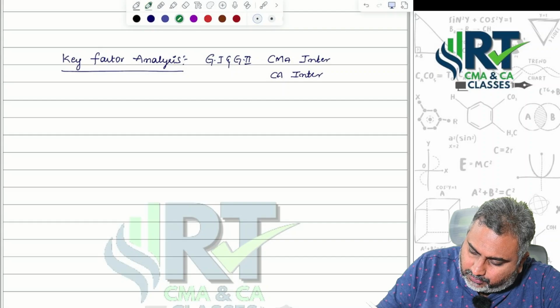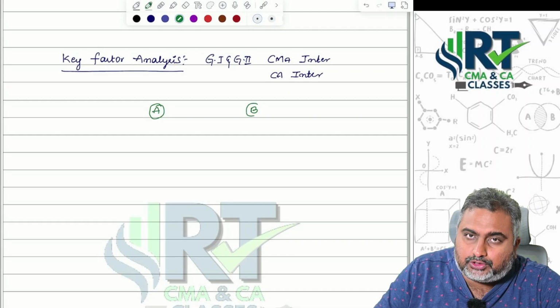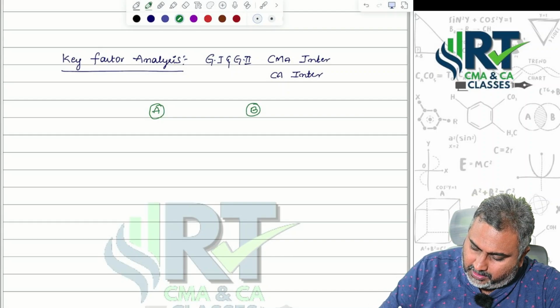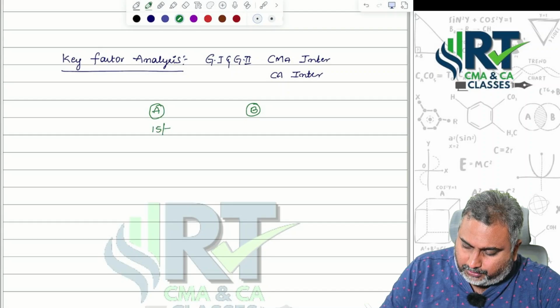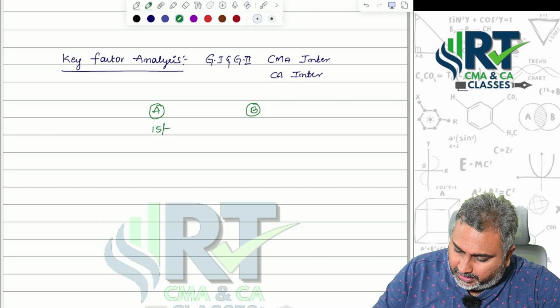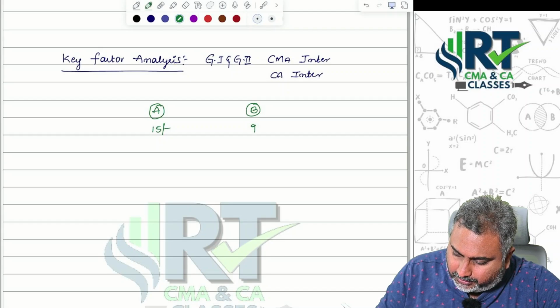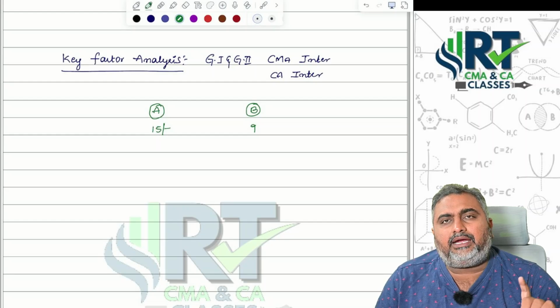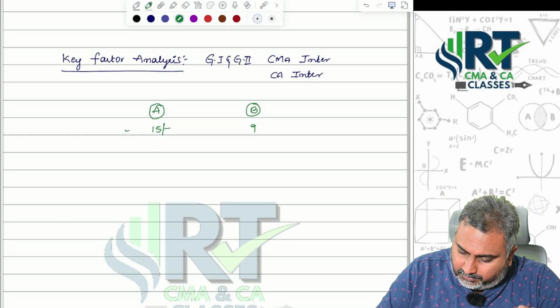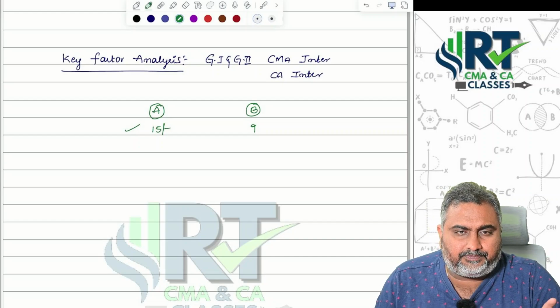Let us take one example. You have two products with you, A and B. One product is getting a contribution of 15 rupees, and another product is getting a contribution of 9 rupees. By seeing this, immediately what we will say is, product A is most profitable, go with that particular product.